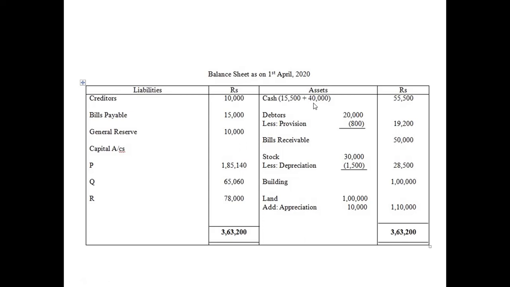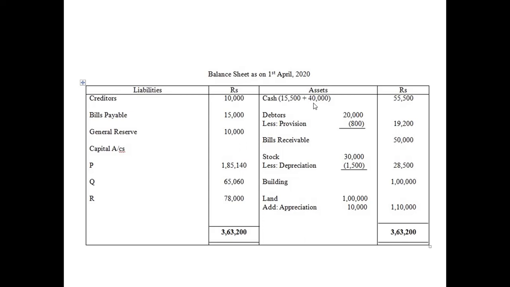Point number 2 explains the same, because the loan account was transferred to his capital account, so he is only bringing the amount of premium for goodwill. So cash is already 15,500 plus the premium for goodwill which R is bringing, 40,000. Total will be 55,500.